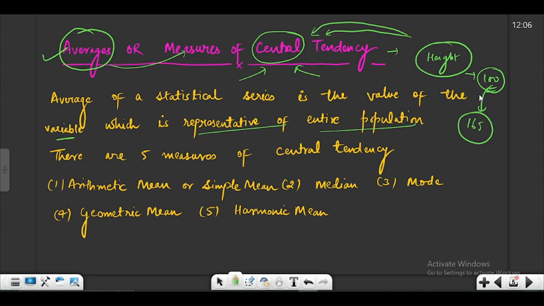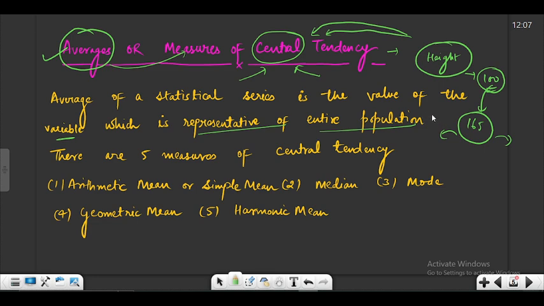There might be some people who are above it and some who are below it, but in general I can say that the average height of this city is 165 centimeters. So this is how average helps us. It helps us in summarizing the entire data.